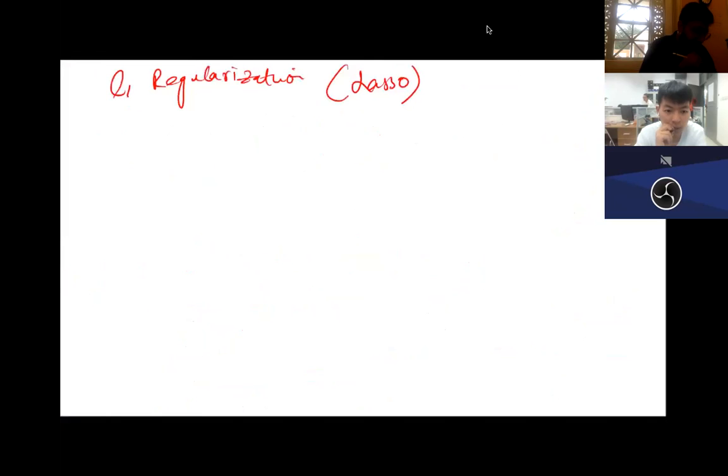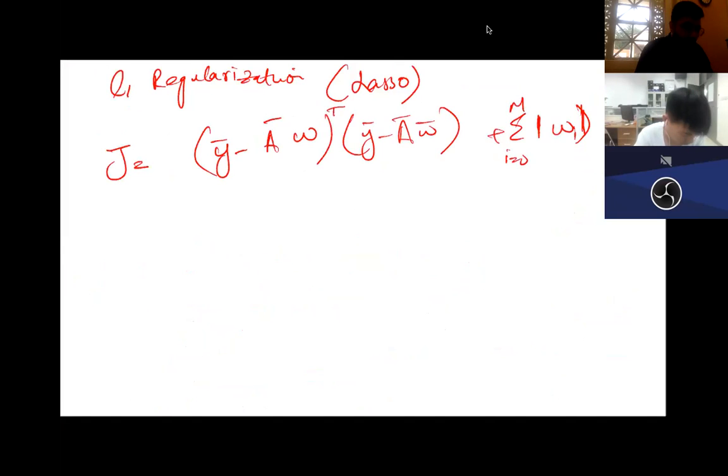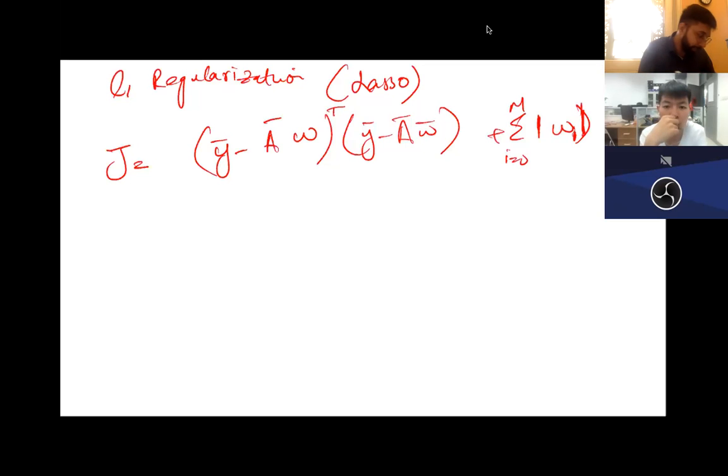Okay, so what is lasso regularization? Lasso regularization is exactly the same concept. The cost function is (y minus Aw) transpose (y minus Aw) plus the absolute value of all the components of w added to the loss function. You can take the derivative in a similar manner.